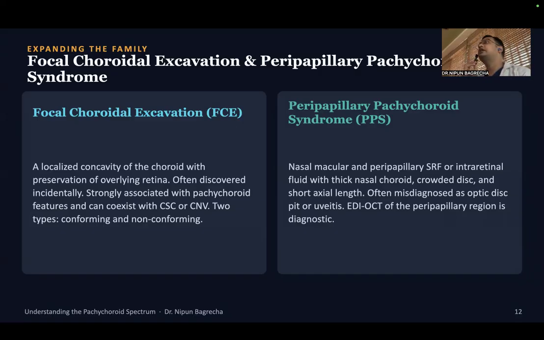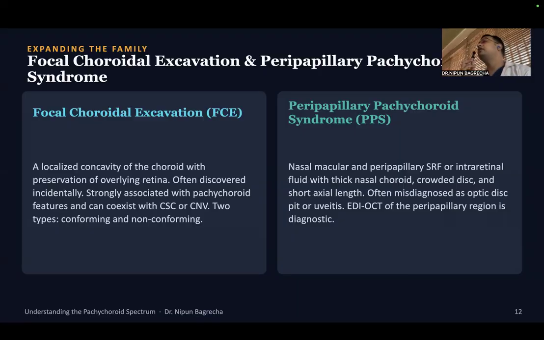Then we investigated further and sent for an EOG, electrooculogram, that is the Arden index. We saw that the Arden index ratio was elevated, and the diagnosis was Best disease. So actually, it was a vitelliform material which was being misdiagnosed as chronic CSCR.